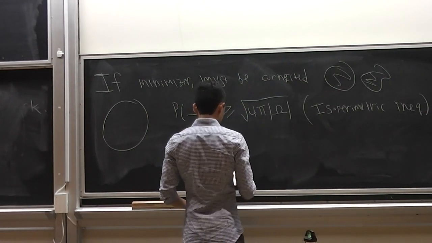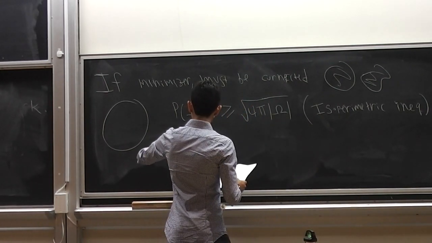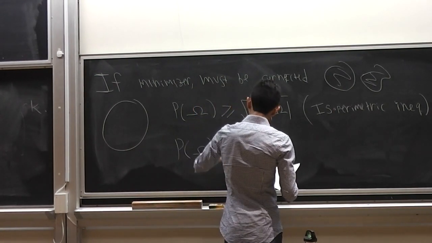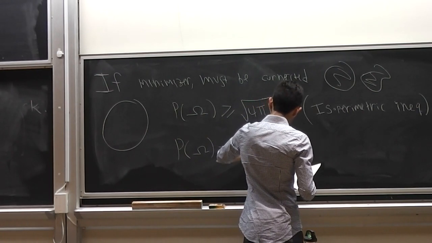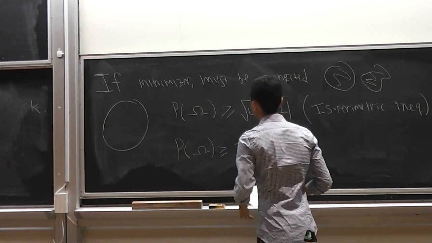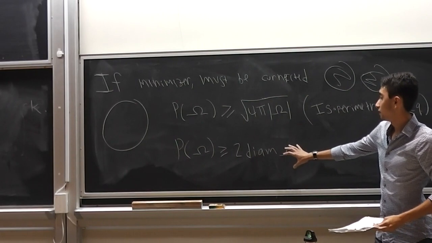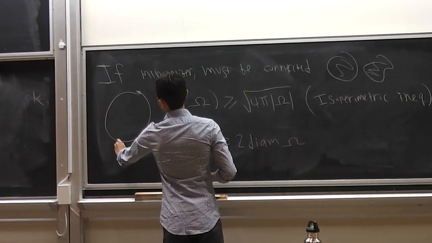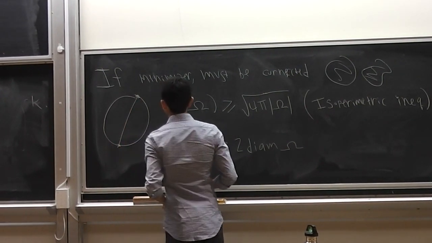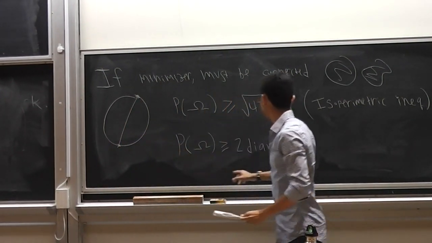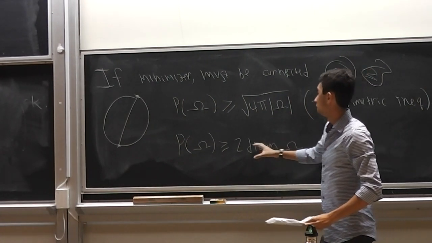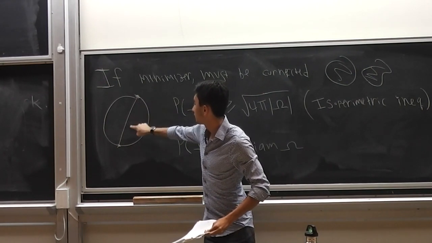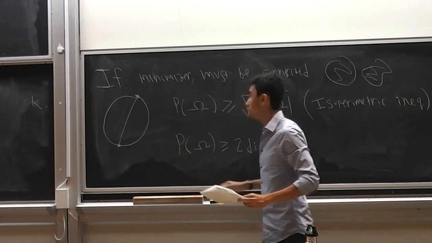We also have a bound on the diameter: the perimeter is greater than or equal to twice the diameter. If you look at these two points in the set, the perimeter has to be at least this plus this, so that's intuitively clear.